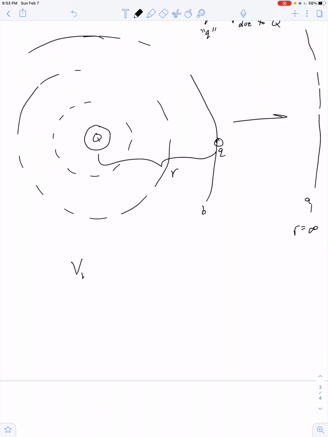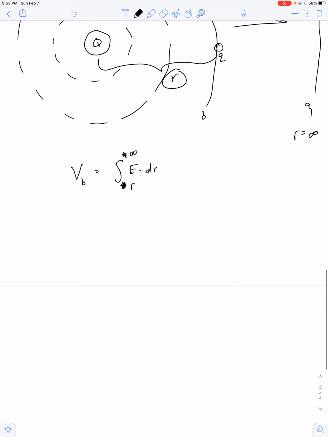The electric potential at point B is equal to the integral of E dot, in general we say E dot ds, but here we can call it E dot dr. What I really mean from B is from R to, and then instead of A, we mean infinity, right?